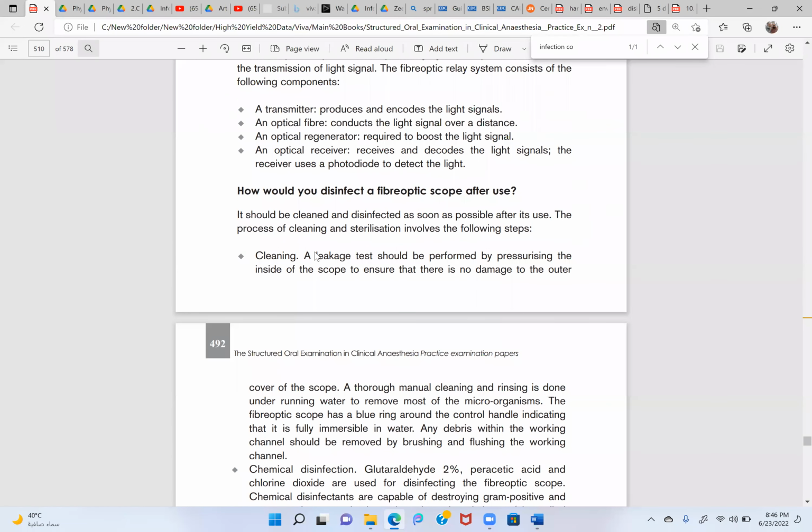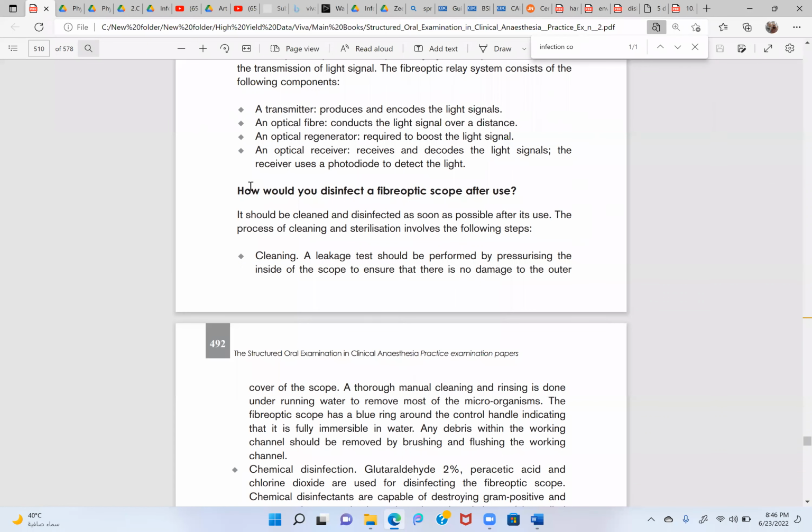This is the question which Zishan was asking, that fiber optic scope, how to clean and disinfect after use. So some agents like glutaraldehyde also cause some sort of sterilization, you mean to say? Yes, sir. It's written in the article you shared.